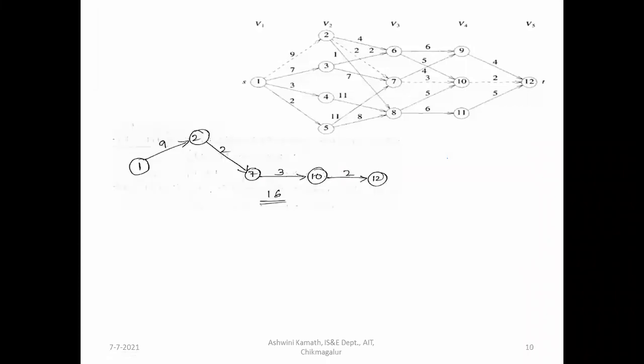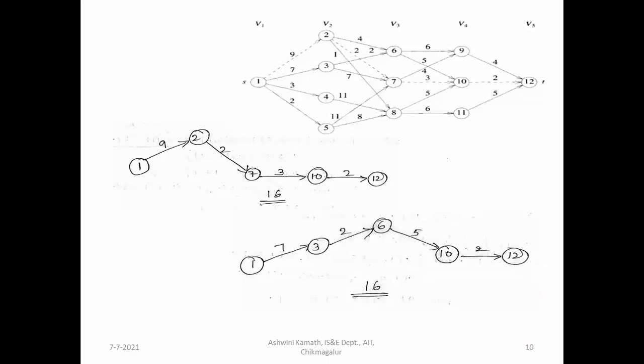So the solution is, from 1 to 12, cost is 16. So 1 to 2, 2 to 7, 7 to 10, and 10 to 12. 9 plus 2 plus 3 plus 2, which is equal to 16.